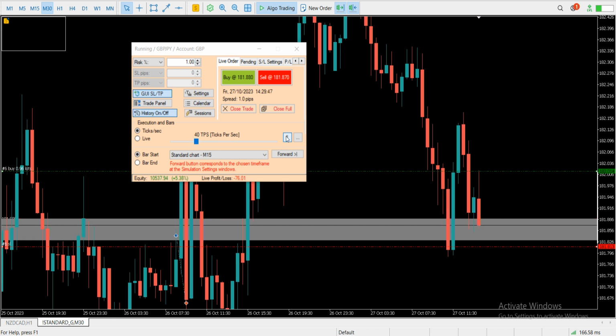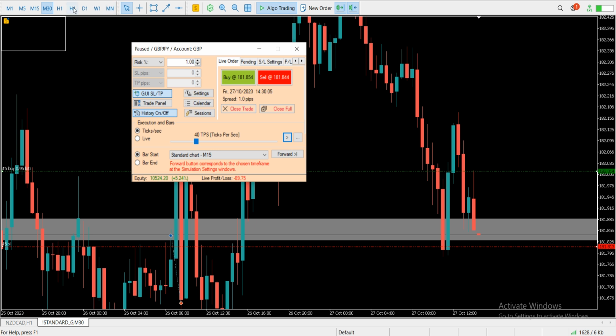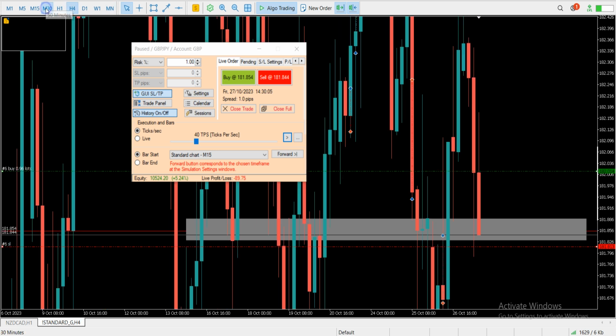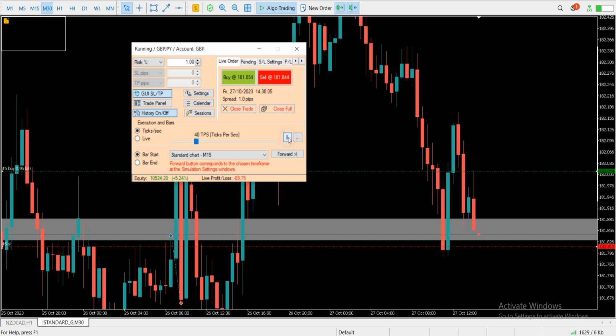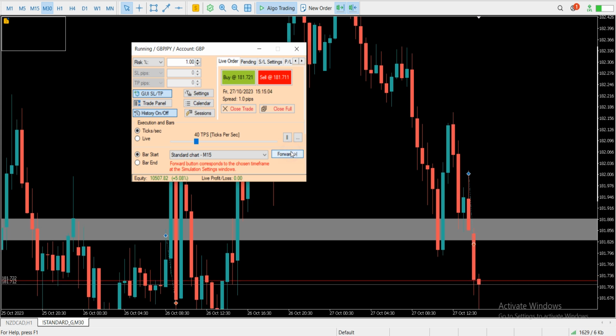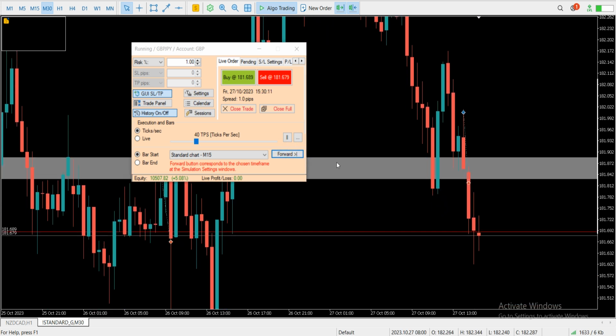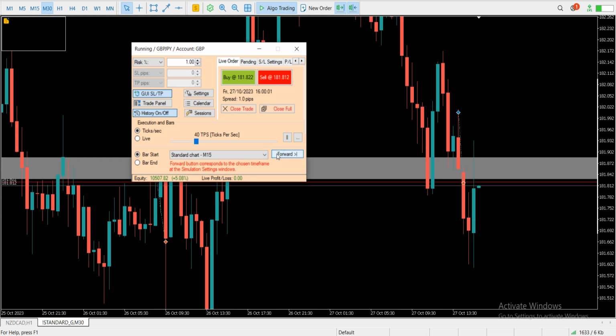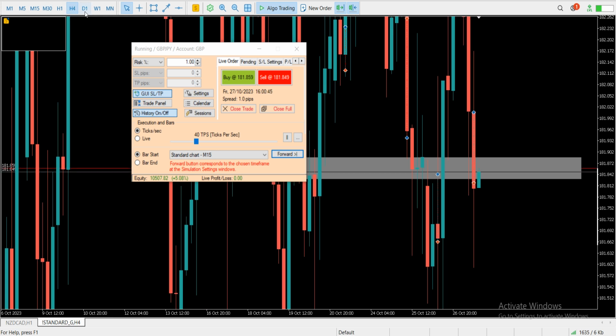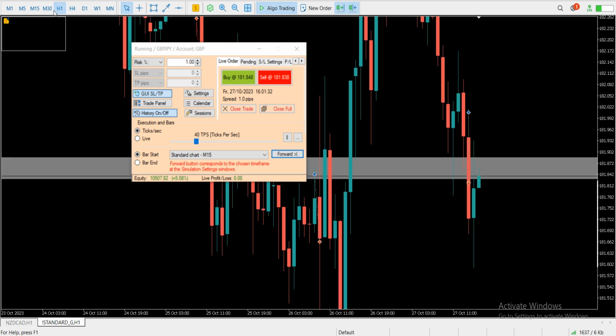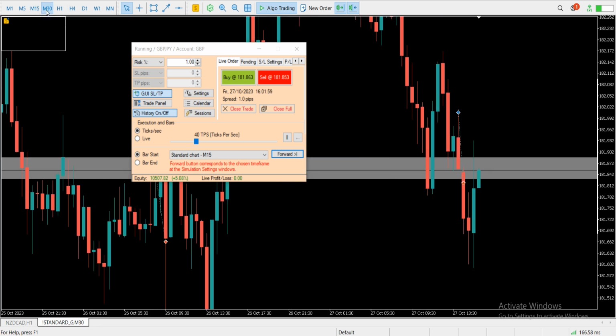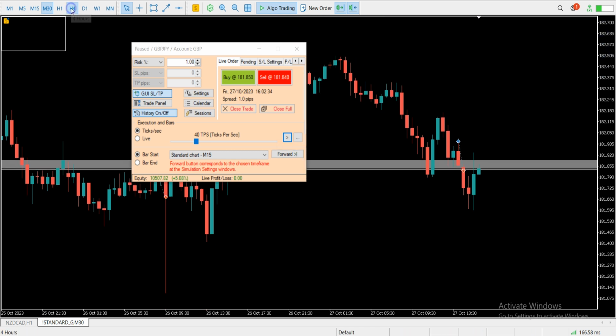Well, seems like my idea was wrong, I would say. Okay, stop loss hit. Stop loss hit. The 4-hour candle, the daily candle, well, I have to investigate what was wrong here.